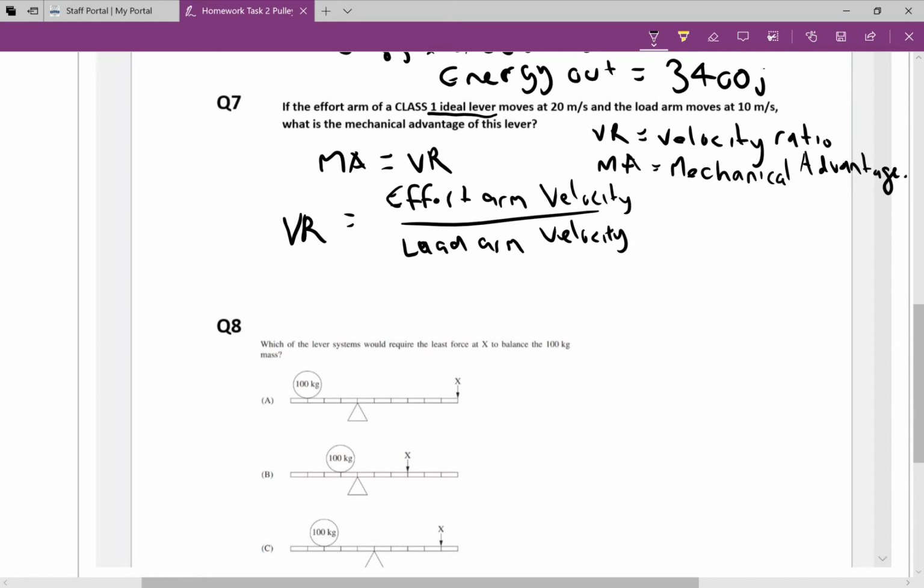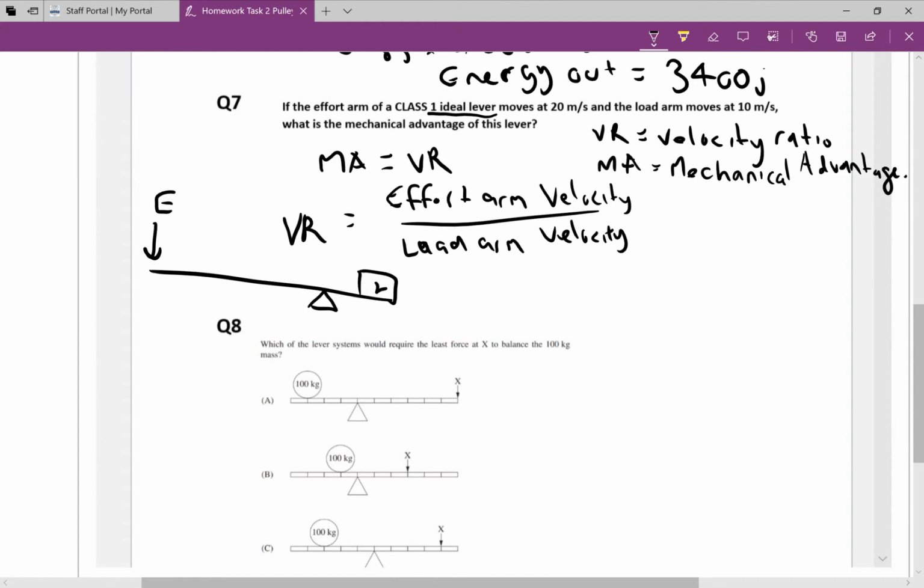And when you think about it, if there's a mechanical advantage that's allowing you to lift something, the effort arm, because it's further away from the fulcrum, it has to travel faster to move the load arm a shorter distance. Okay, so it's kind of like if that's your load and this is your effort.